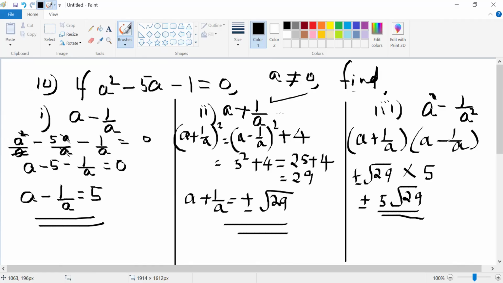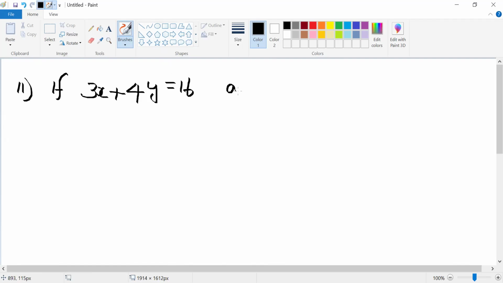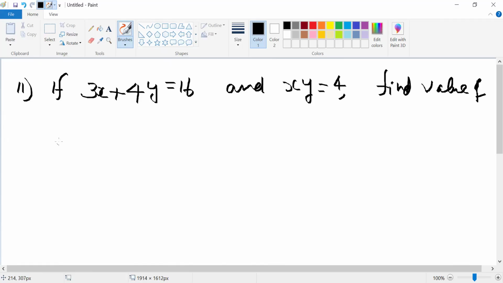Next, question number 11. A very important type of question. If 3x plus 4y equals 16 and xy equals 4, find the value of 9x square plus 16y square.